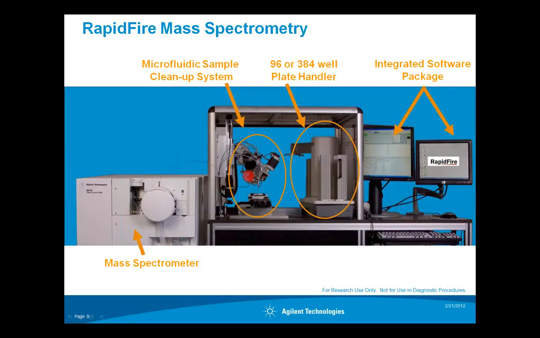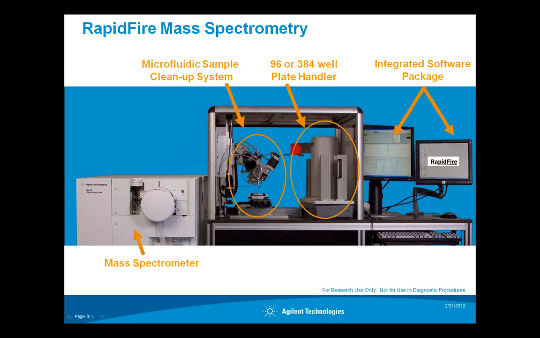So let's take a closer look at the RapidFire system. This graphic shows the system working with a 6410 triple quadrupole mass spectrometer. The RapidFire system integrates with any Agilent mass spectrometer, be it a triple quad, a TOF, or a Q-TOF, like Yuqin just talked about earlier.